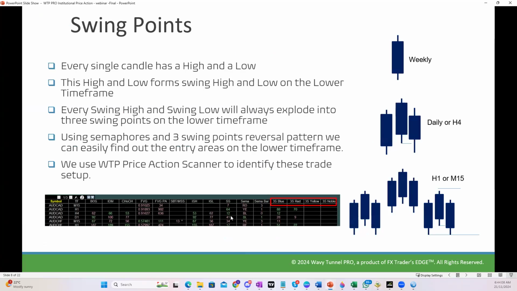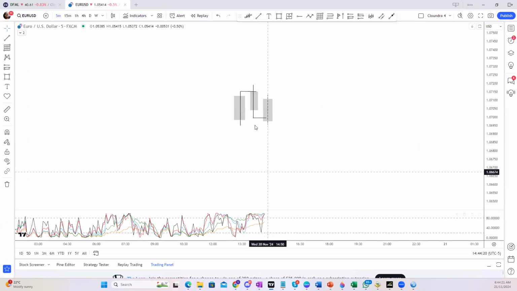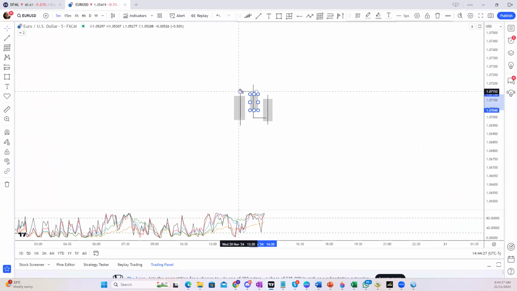Right up here, did you see here SPT MSS? That SPT indicator, or the scanner, actually presents exactly the same pattern which I have shown you here, where the body closes below the previous swing point.